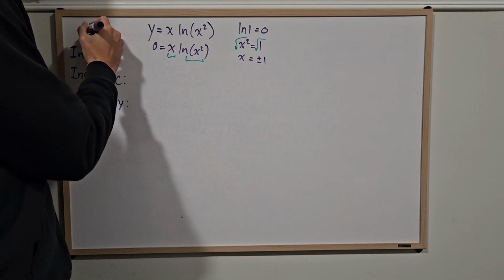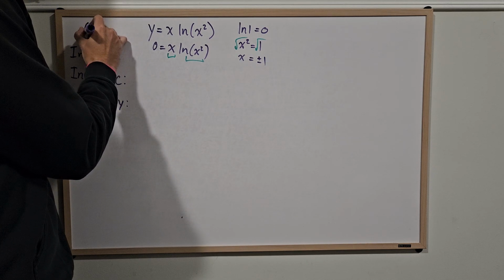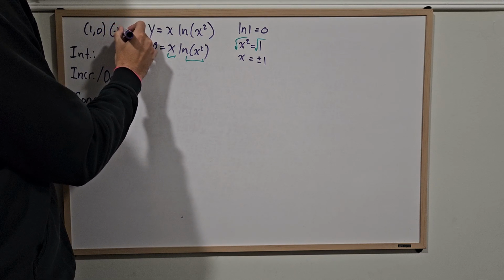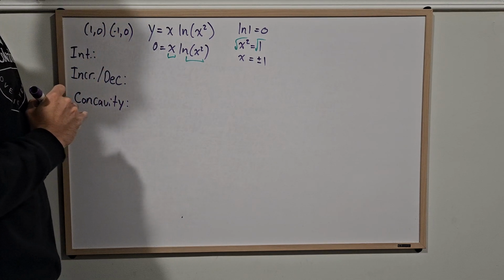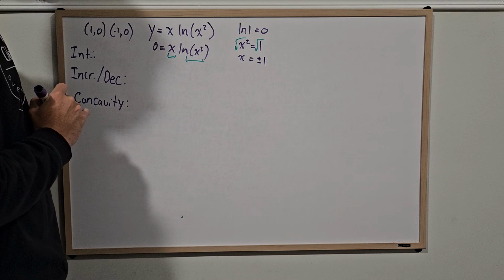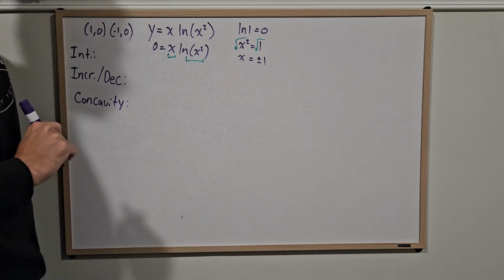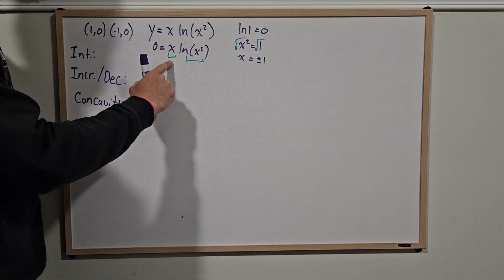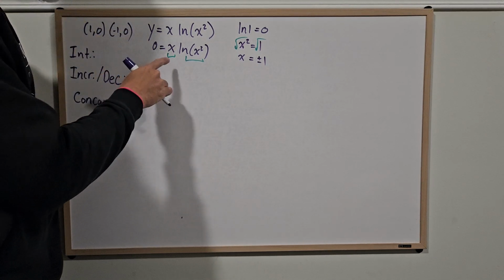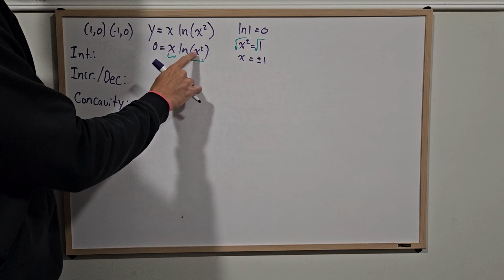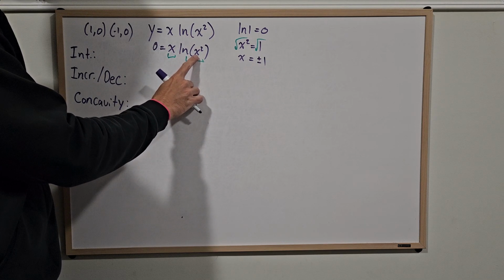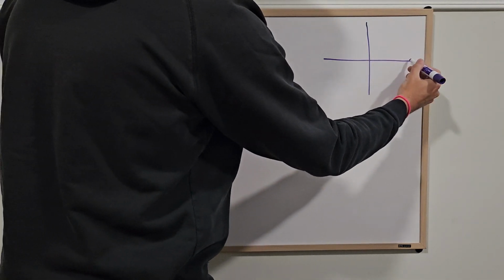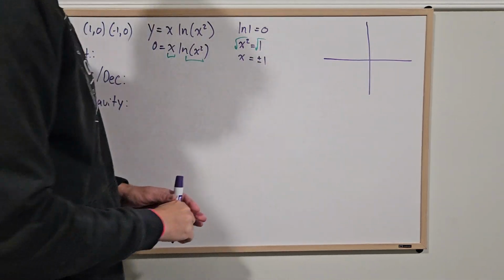So I know that we have points (1, 0) and (negative 1, 0). Right away we got some clues. Over here we're going to try and set x equal to 0. Now, setting x equal to 0 will make this part 0, but if I put 0 into this part, well, if we remember what our graph of the natural log of x looks like, I'm just going to draw it over here really quickly.